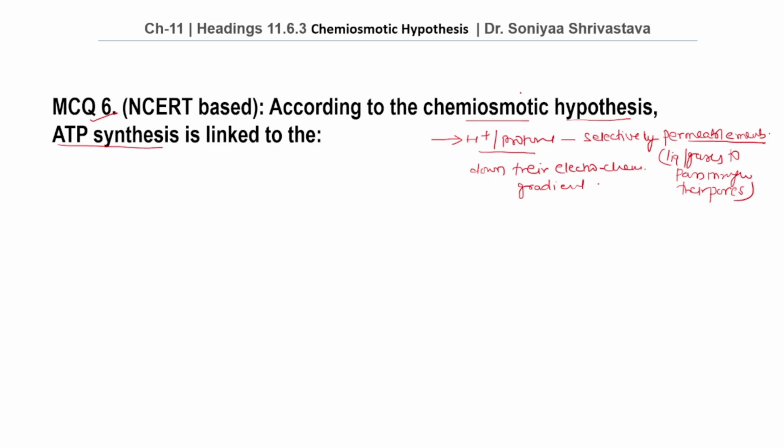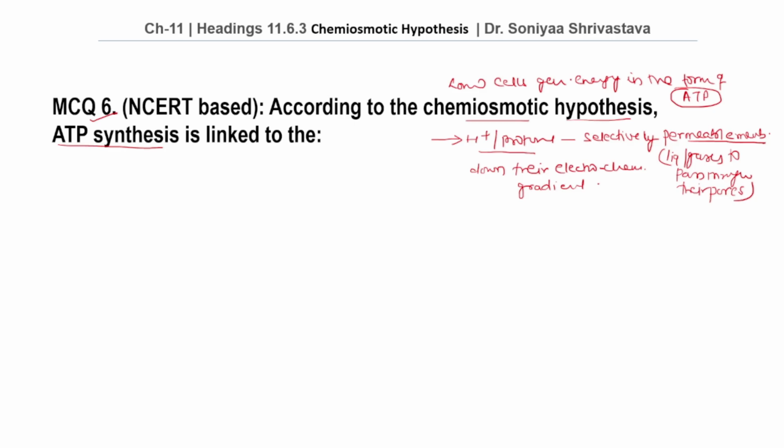Now, chemiosmotic hypothesis explains how cells generate energy in the form of ATP. Student, we have seen the two processes, that is cyclic and non-cyclic photophosphorylation, but we didn't actually know how ATP is synthesized in these two processes.